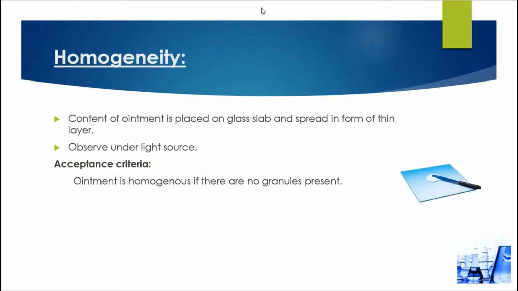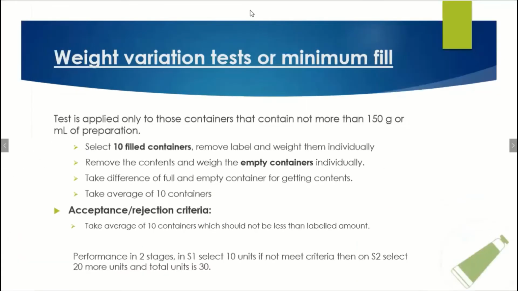The content of the ointment is placed on a glass slab, like we produce a smear of ointment and spread a thin layer on the glass, and then under the glass slab we put a light source bulb, and we observe the particle size or homogeneity. If the ointment is homogeneous and there are no granules or accumulations in the ointment, it passes the homogeneity test.